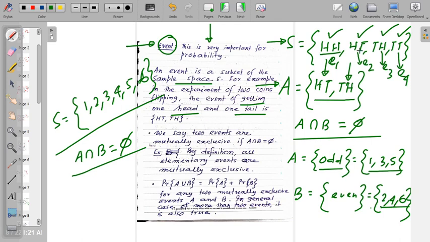Likewise E2, likewise E3, likewise E4. So these are the elementary events, that means the outcomes of the experiment, each individual outcome. If I take any pair of these elementary events, they are mutually exclusive because there should not be any common element. If one is happening, the other one will not be happening. Right? Are you getting it?